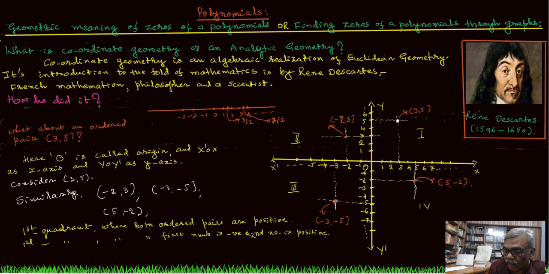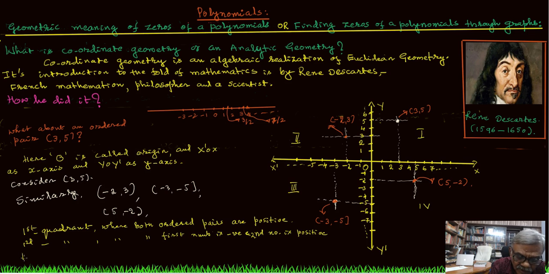Similarly, in the third quadrant, both numbers of the ordered pair are negative. And in the fourth one, the first is positive and the second is negative. Like this, we can represent the points in the plane.